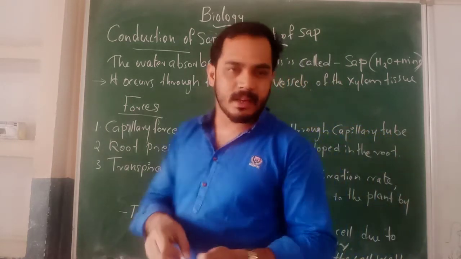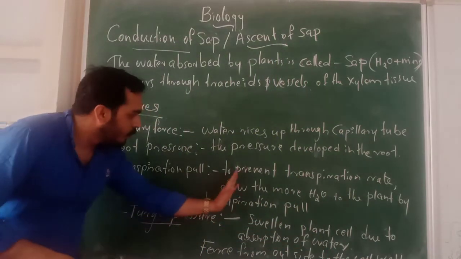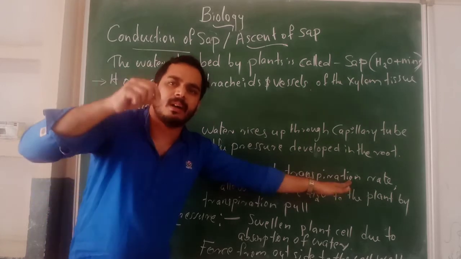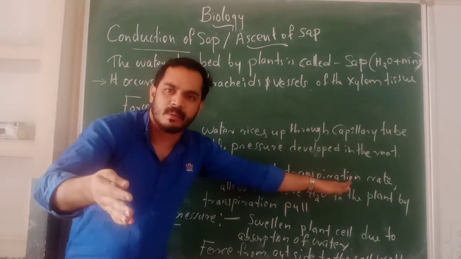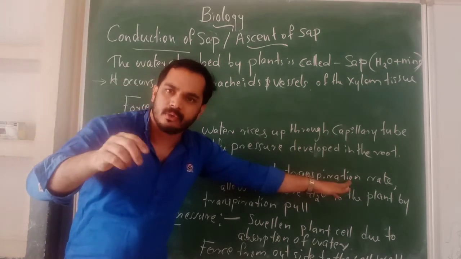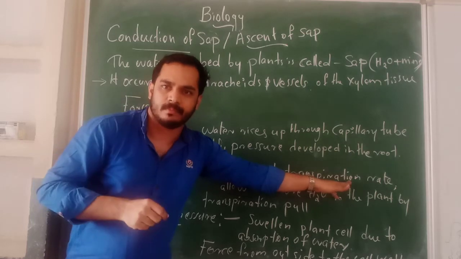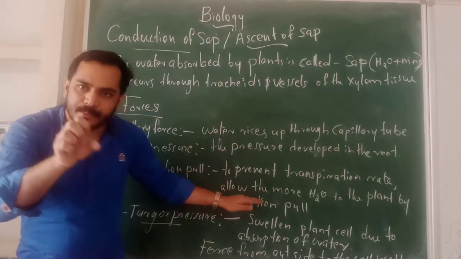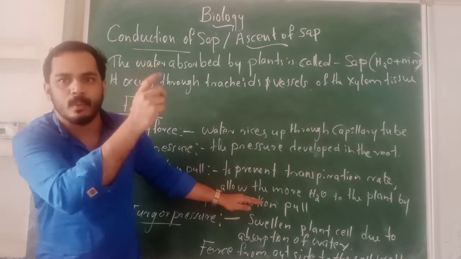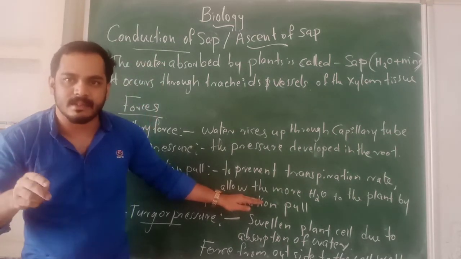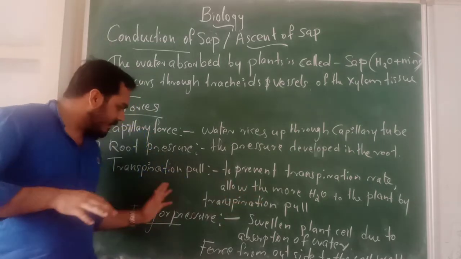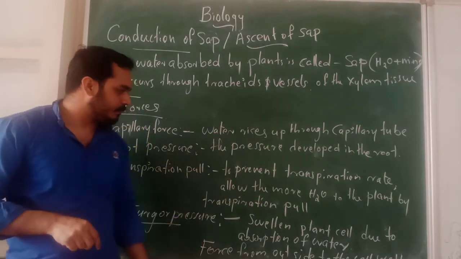Because the plant is always sending water vapor to the atmosphere, it loses water. With the help of the transpiration pull, the plant roots absorb the water and send it in the upward direction, and as a result the plant survives properly. That force is called the transpiration pull.